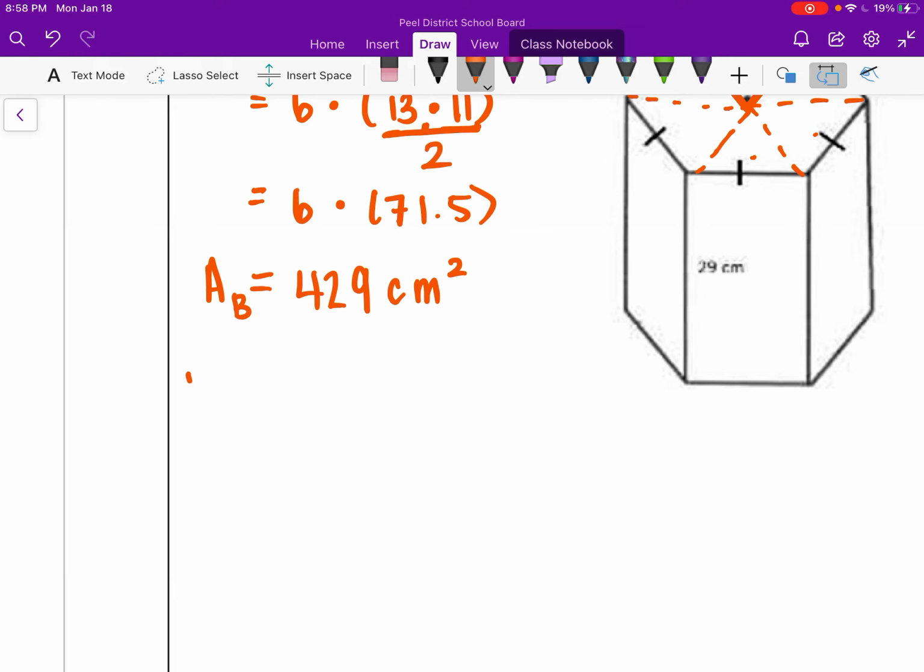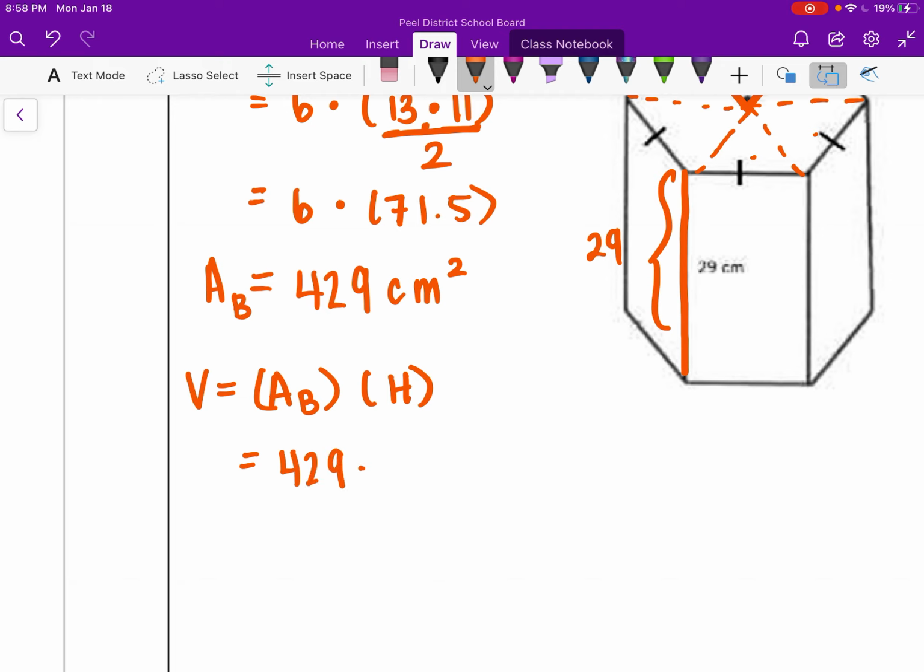And if I wanted to find the volume, I know the volume is always area of the base times the height, right? And if we want to know the height, we just need to know what this is, and we know it is 29 centimeters. So I'm going to do 429 times 29, right?